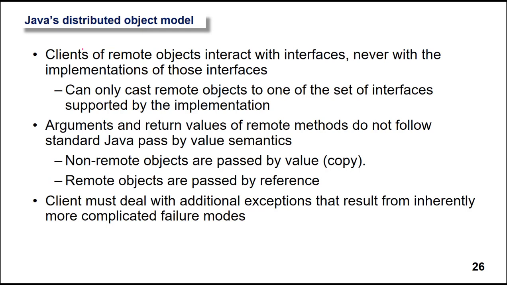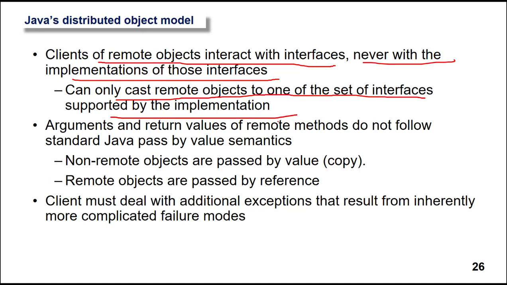Within Java's distributed object model, we need to remember the following points: clients of remote objects interact with interfaces, never with the implementations of those interfaces, and you can only cast remote objects to one of the set of interfaces supported by the implementation.